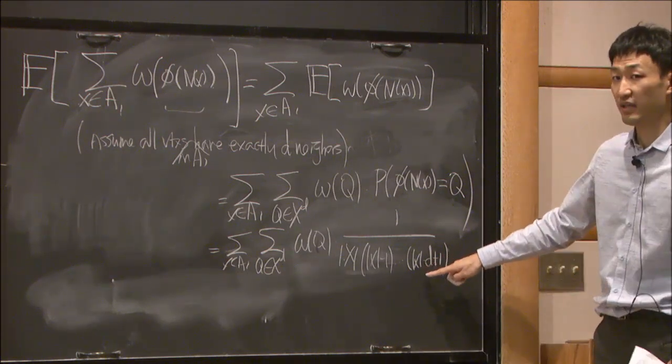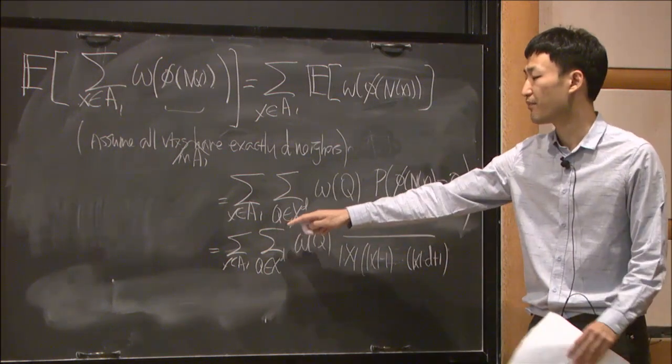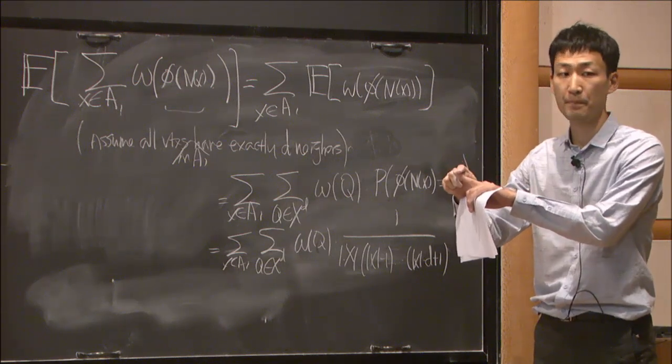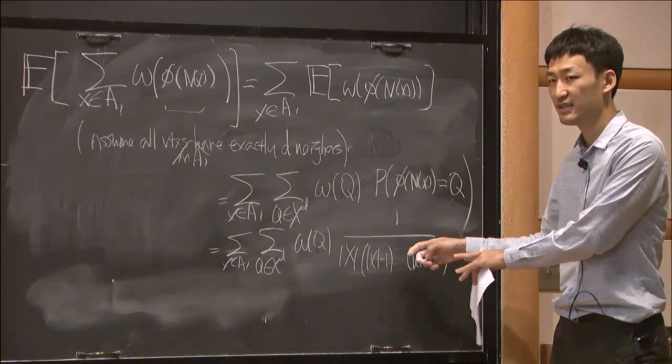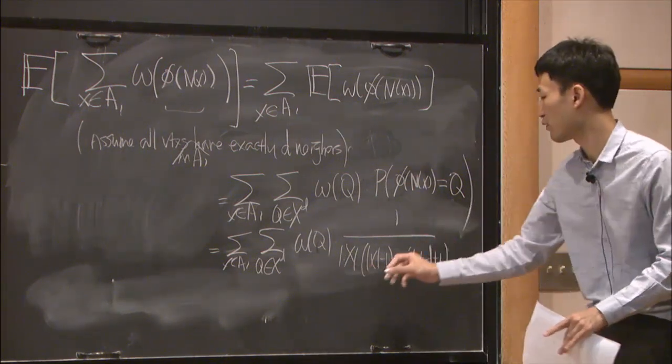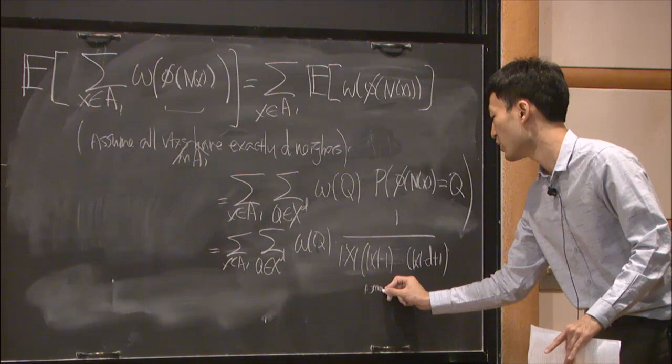Actually, I cheated a little bit here, because if two vertices of Q are the same, the probability is 0. I'm slightly cheating here. There is some small correction term here.